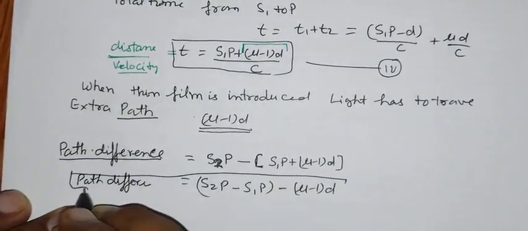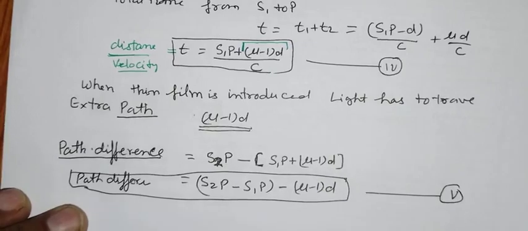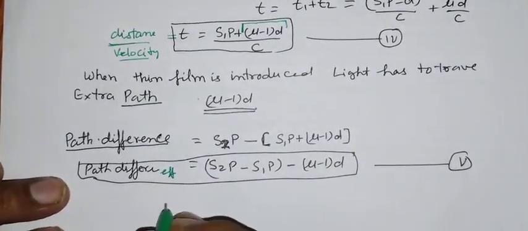See, it is equation number 5. This path difference is noted as the effective path difference.